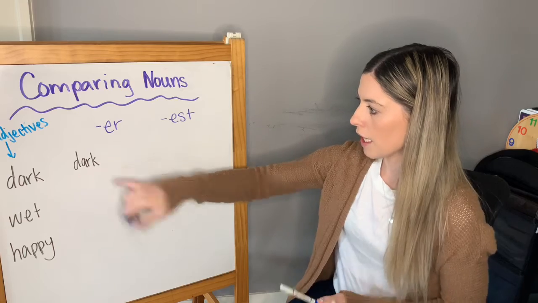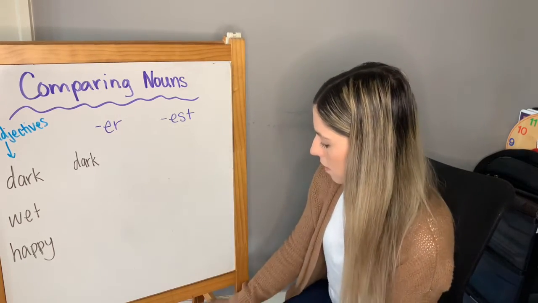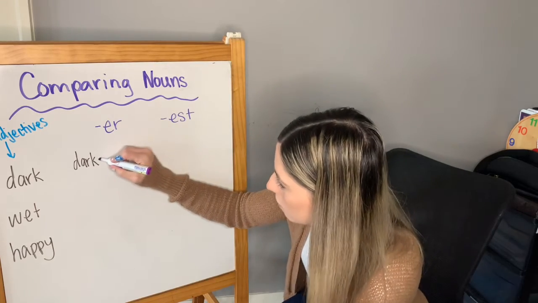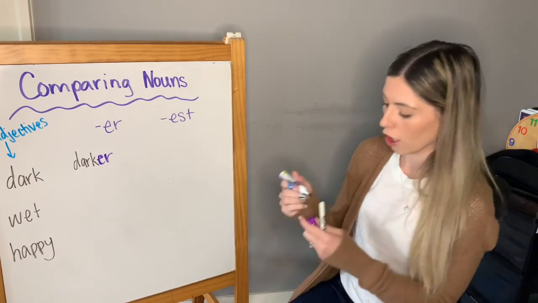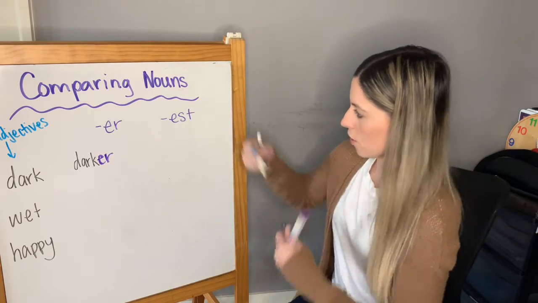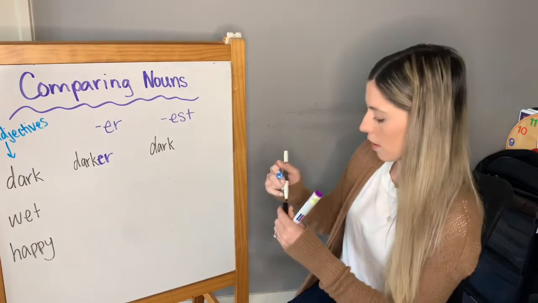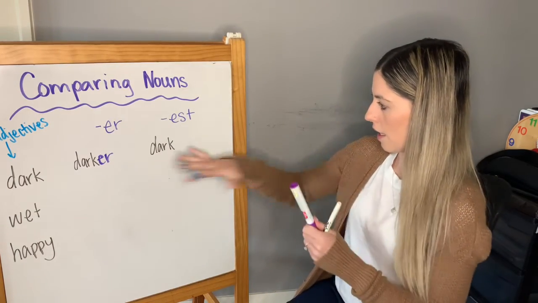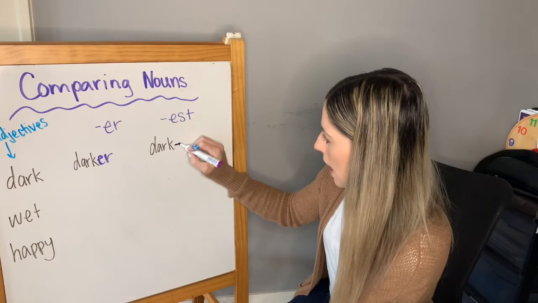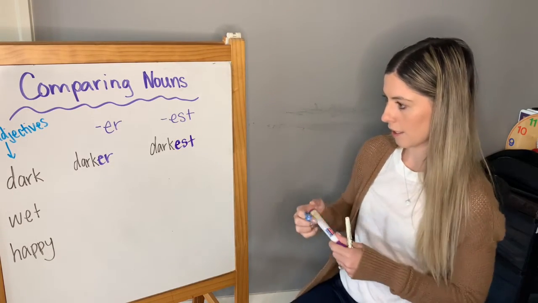Because dark ends in a K, I'm just going to add the suffix right on the end, darker. And then I would do the same thing for est. So I write my root word, dark, and it ends in a consonant, so I'm going to just add my suffix ending, darkest.